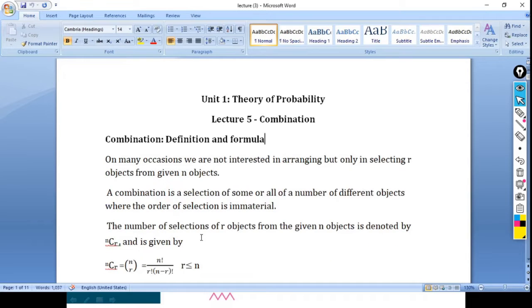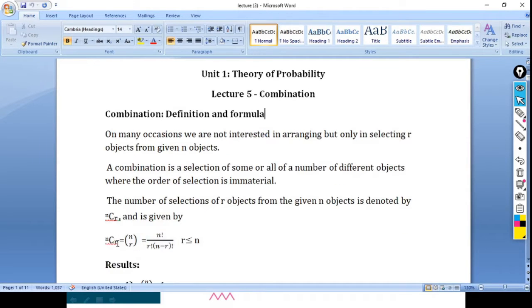So the number of selections of r objects from the given n objects is denoted by nCr. C stands for combination. n is the total number of objects, and r is how many objects are selected, and it is given by nCr, which can also be written with n on the top and r at the bottom, is equal to n factorial upon r factorial into n minus r factorial.